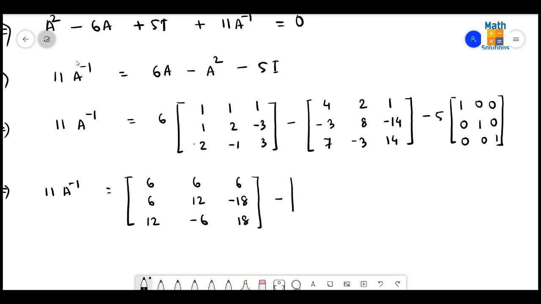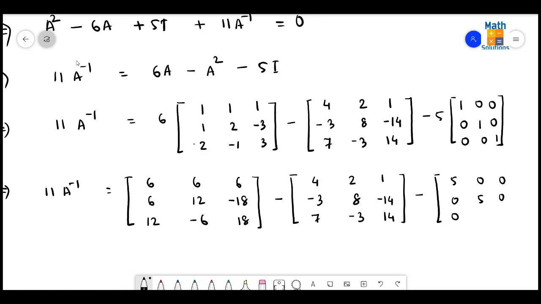Then this one will remain as it is, 4 2 1, then minus 3 8 minus 14, then 7 minus 3 14. Then here I get 5 0 0 0 5 0 0 0 5.